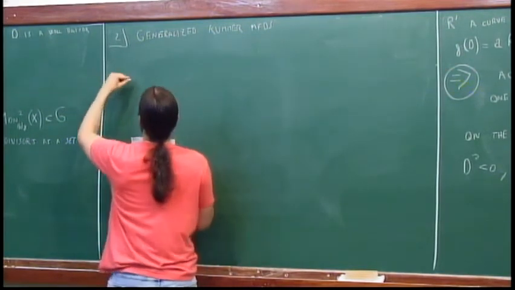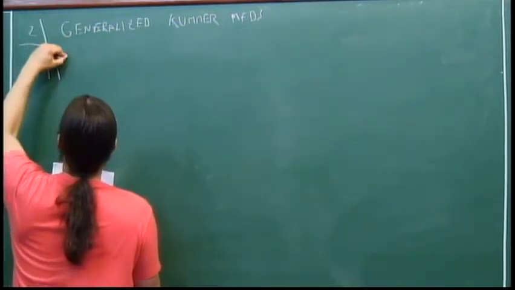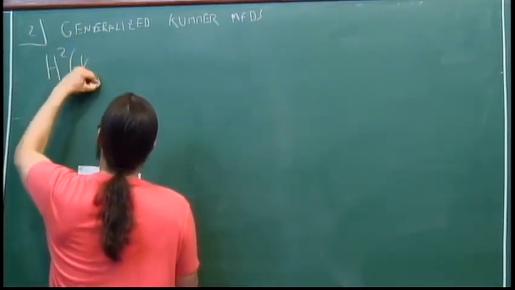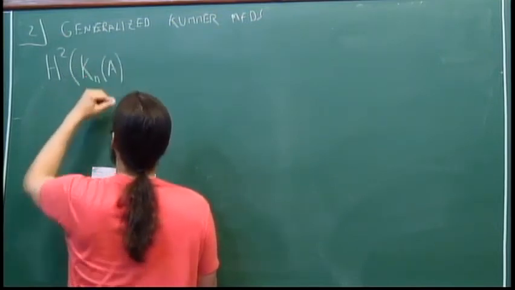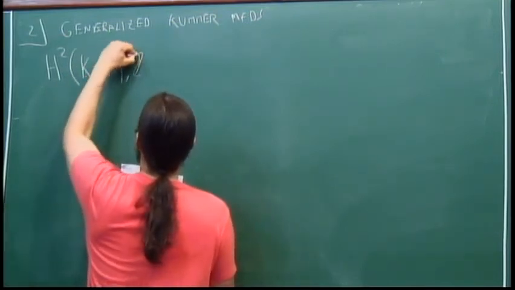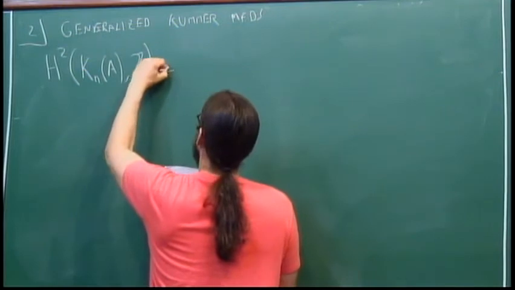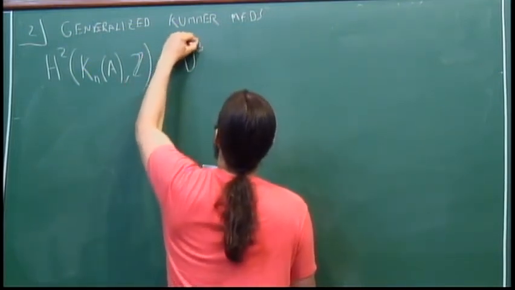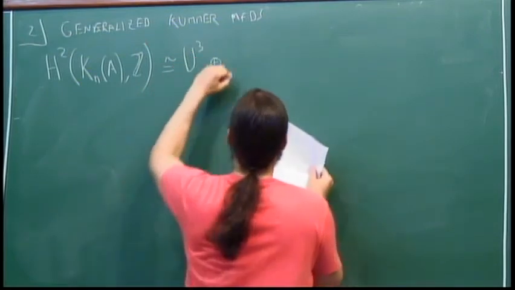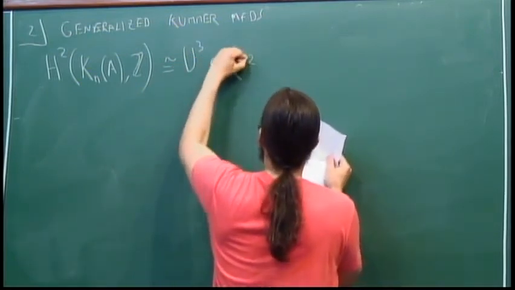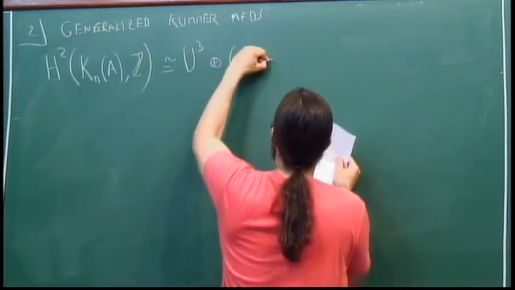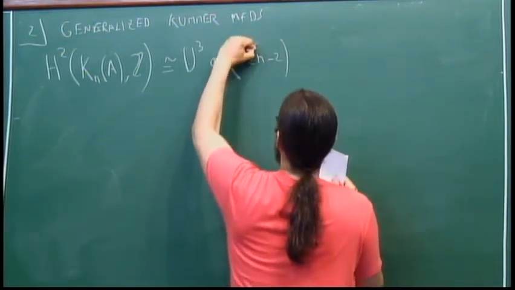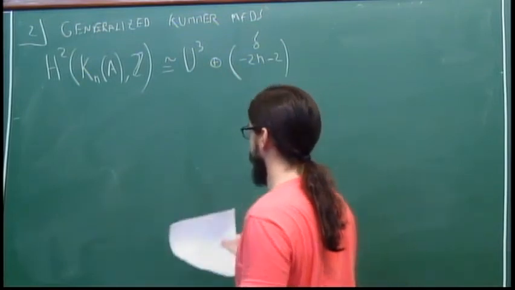Okay, so the first thing is that the H2 of K_n(A) over Z is very close to the H2 of an abelian surface. So we have 3 copies of U plus an additional class of square -2n-2, which I will call delta.